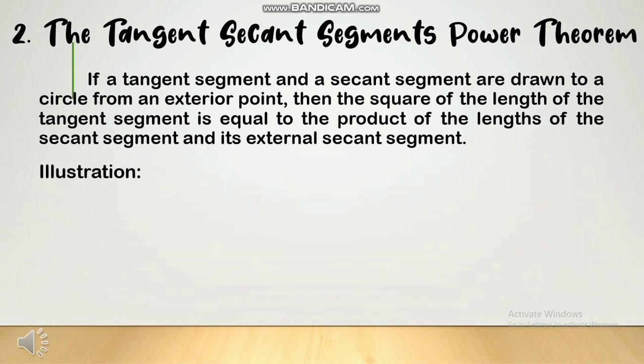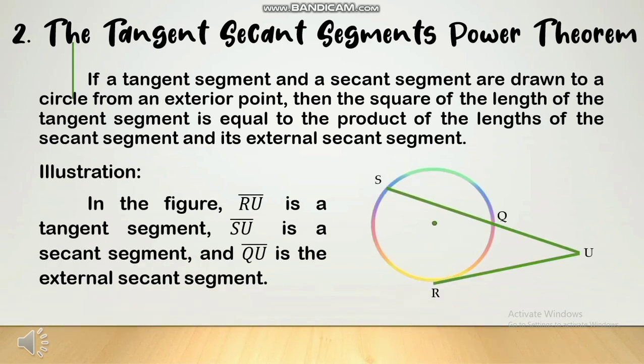In the figure, segment RU is the tangent segment, segment SU is a secant segment, and segment QU is the external secant segment.